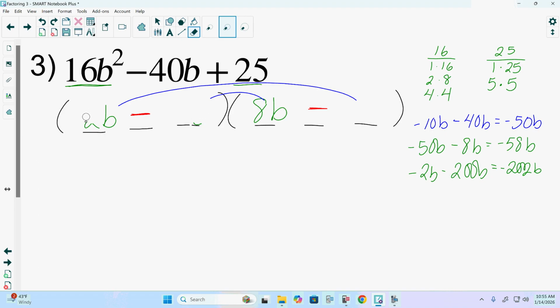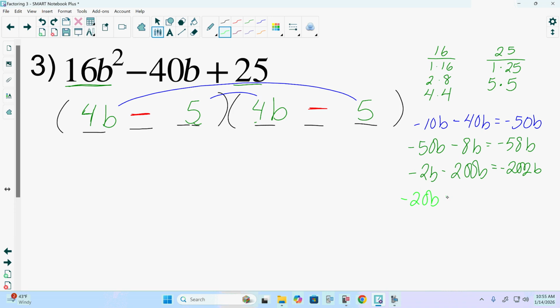Now, yes, we can switch from 2 and 8 to 4 and 4. And then switch over to 5 and 5. And if we check this here, 4b times negative 5, 4 times negative 5 would be negative 20b.